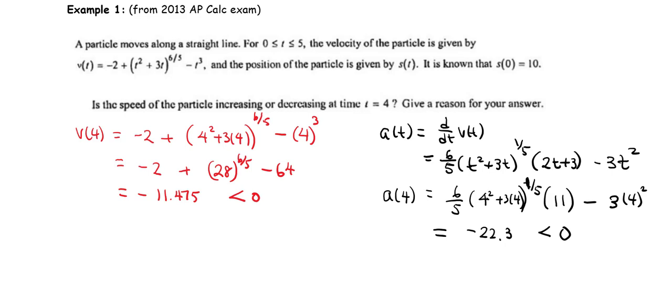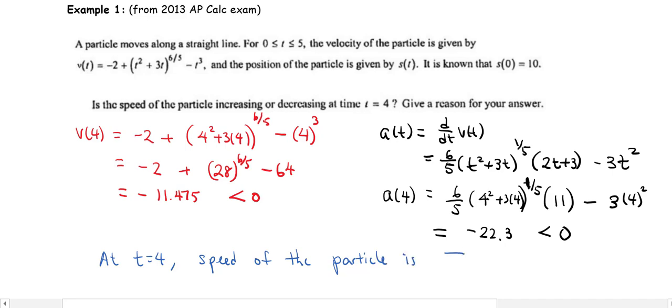I hope you can now say that at time t equals 4, the speed of the particle is, you got it, increasing. How come?